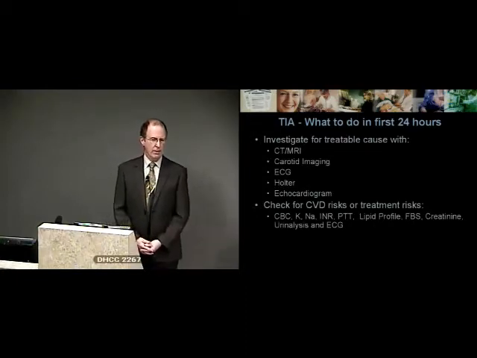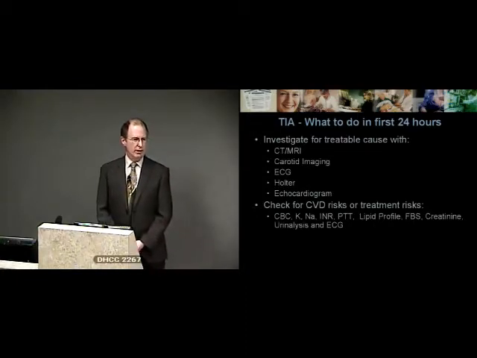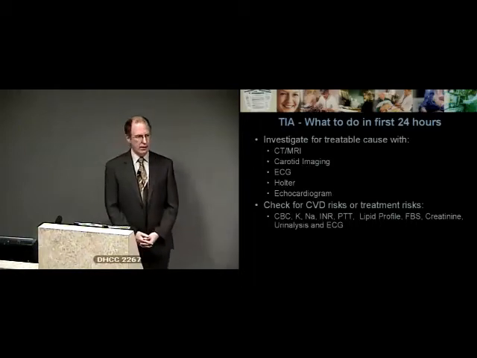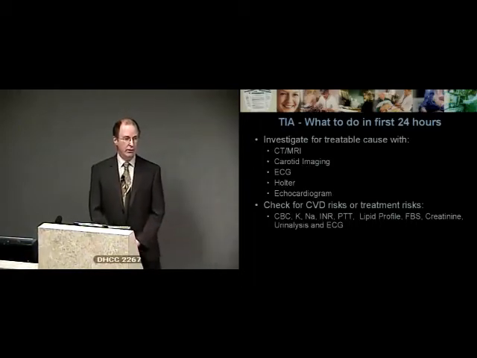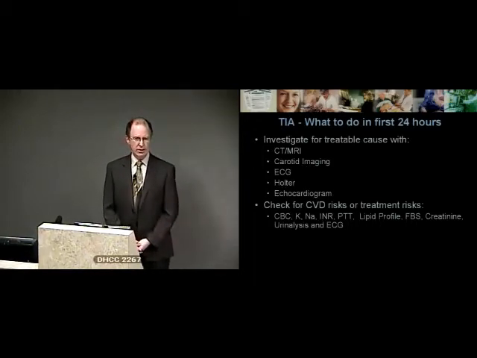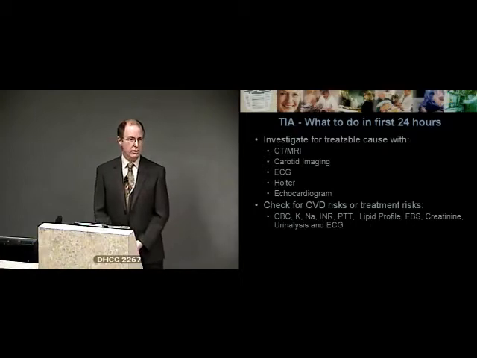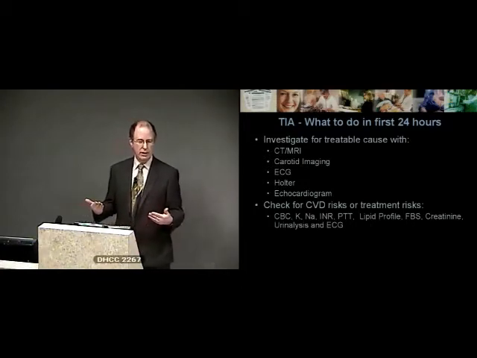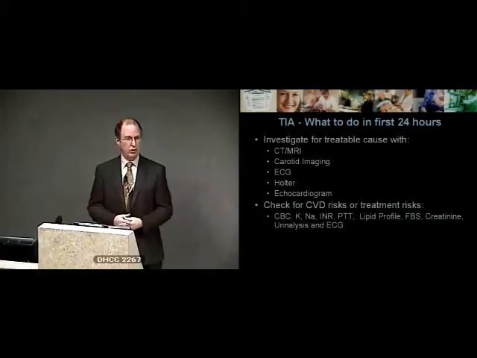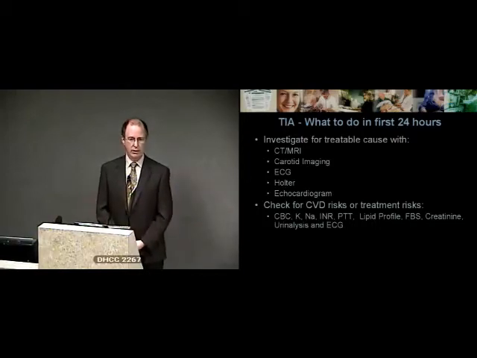Carotid imaging, this can be a carotid Doppler, it can be a CT angio or an MR angio. The choice of test isn't so critical as getting the test that can be done within 24 hours. That'll depend on your location, depend on access. And certainly in some of the urban centers now, it is actually easier to get a quick CT angio than to get a carotid Doppler.